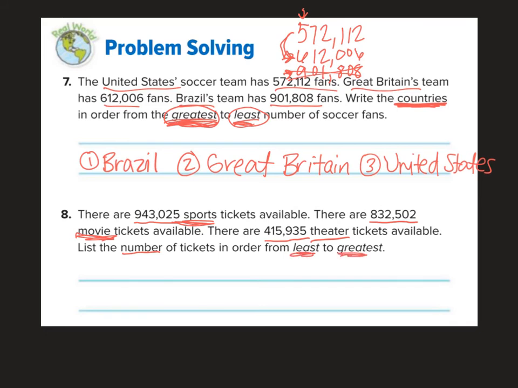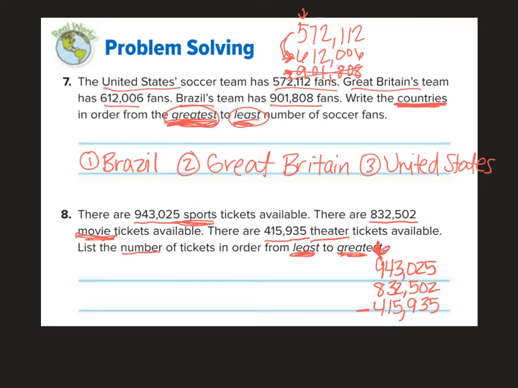Okay, so let's line them up. Where am I going to line them up? I'm going to line them up over here. So we have 943,025, 832,502, and 415,935. Okay, so let's compare them from least to greatest. So let's look at the 100,000s. Looks like we're just going to be able to do that again.